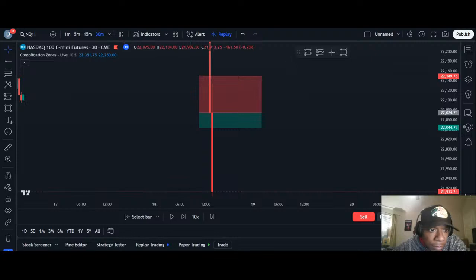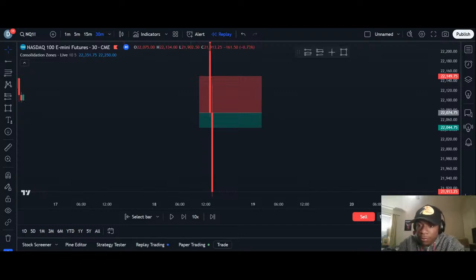Let me see. Mini, five a tick, and micro. Okay, yeah. So mini is $5 a tick and a micro is 50 cents a tick. So yeah, it's about 10 times.